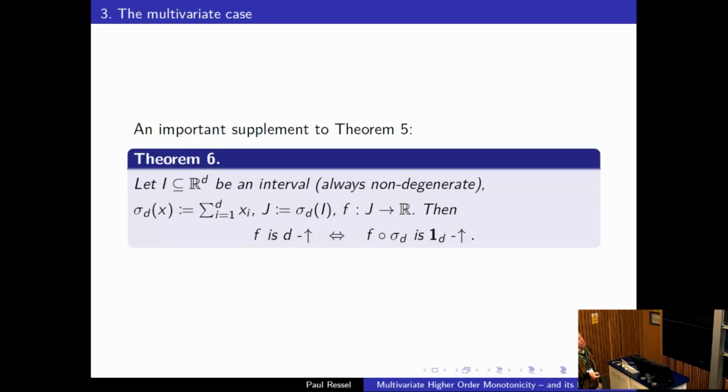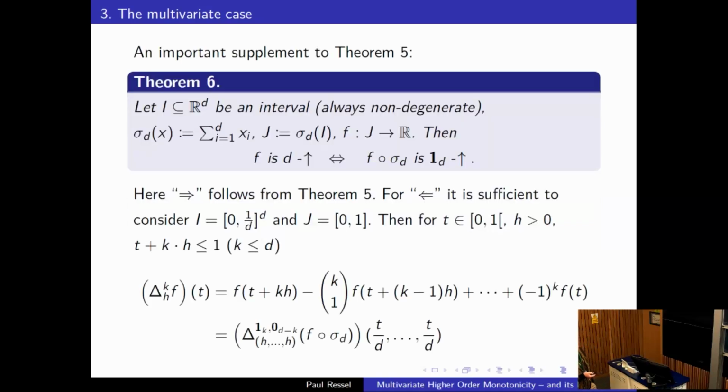Then, in fact, f is d-increasing if and only if f composed with the sum is 1D increasing. The non-trivial part here is, in fact, from the left to the right. That is theorem 5 applied to this situation, since the sum function is obviously 1D increasing. It's more or less the simplest tensor sum of increasing functions.